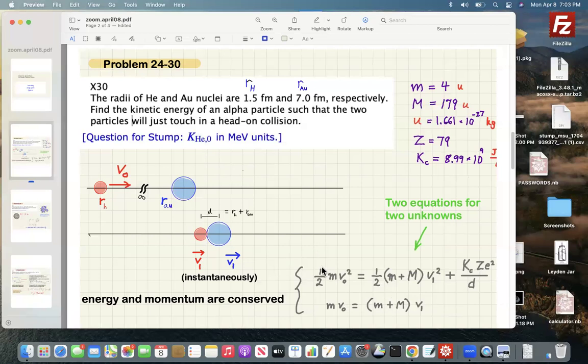The initial energy is 1/2 m v0 squared for the alpha particle. The final energy is 1/2 (m plus M) v1 squared for the pair of particles. But there's also now some potential energy. The potential energy is the energy of the electric charges. The alpha particle has charge 2.